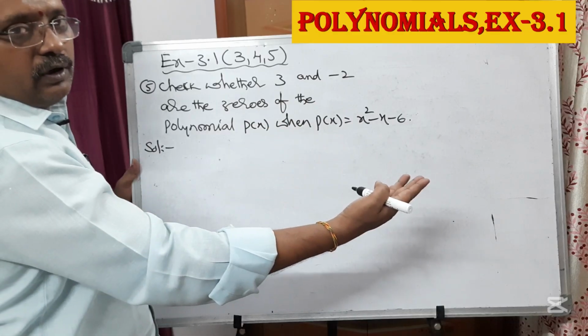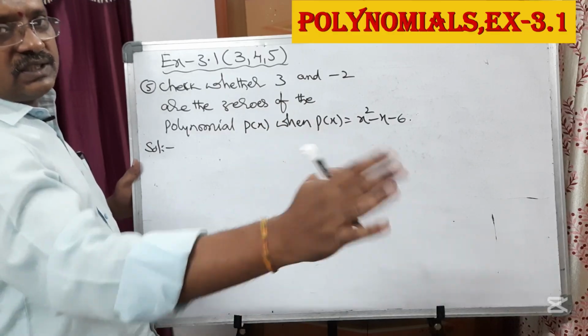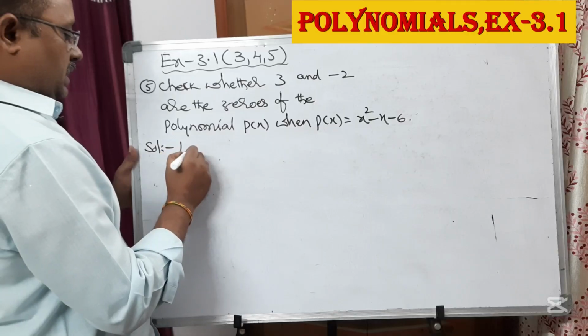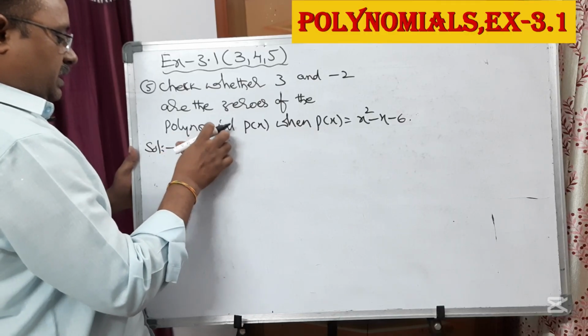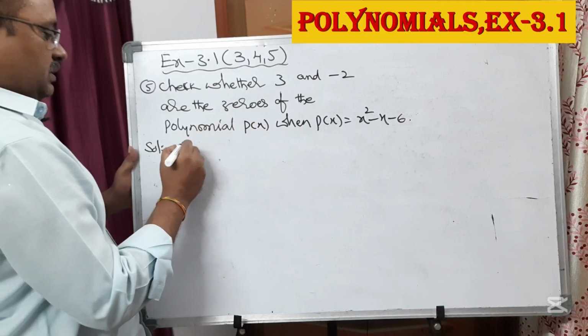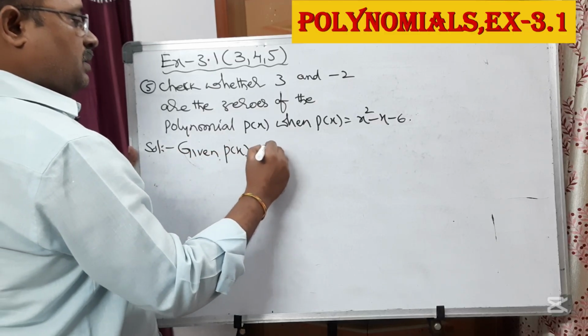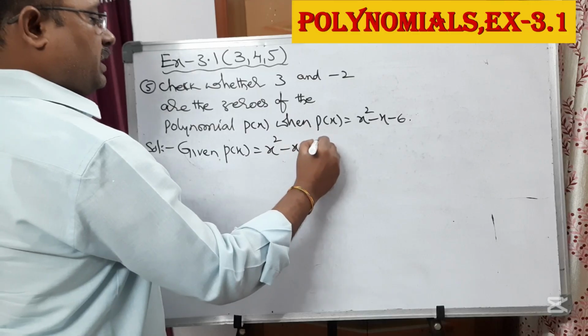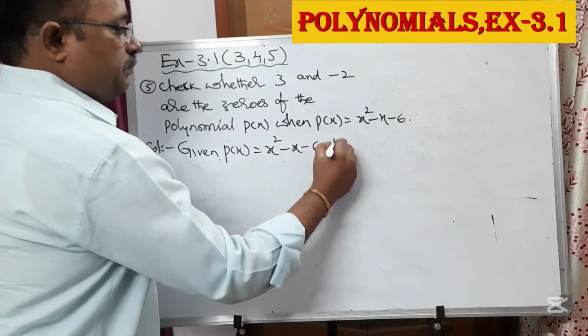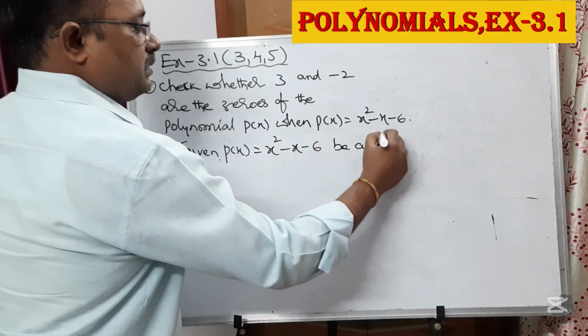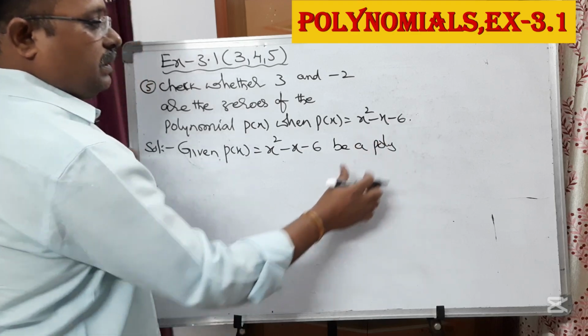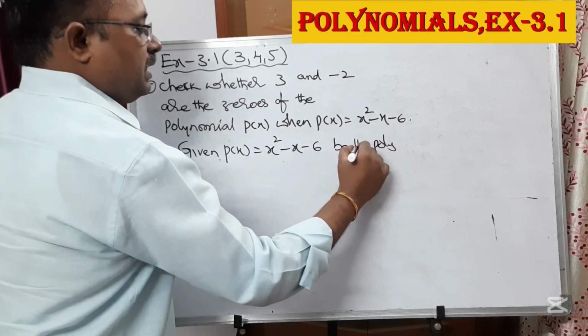Substitute, find out the polynomial value, from that give the justification. Let us do. Given p of x equal to x square minus x minus 6 be the polynomial.